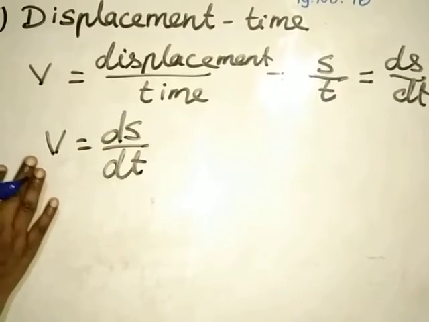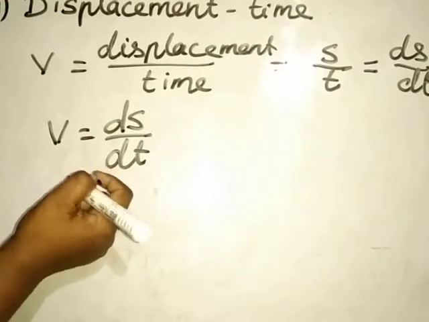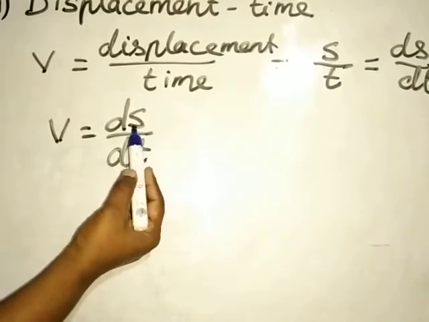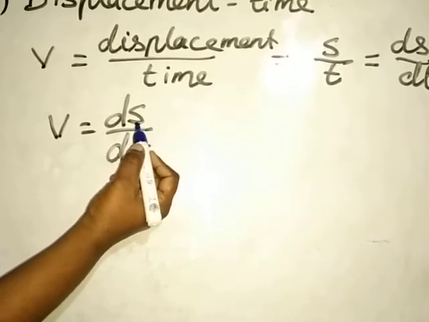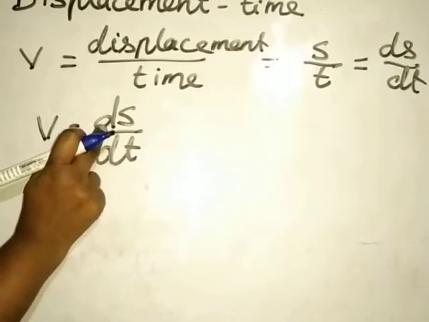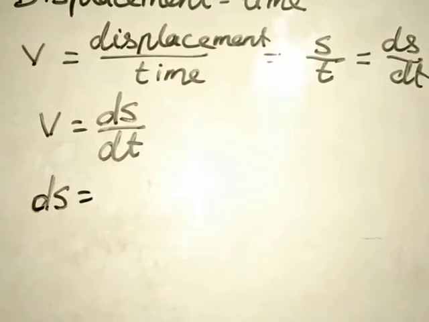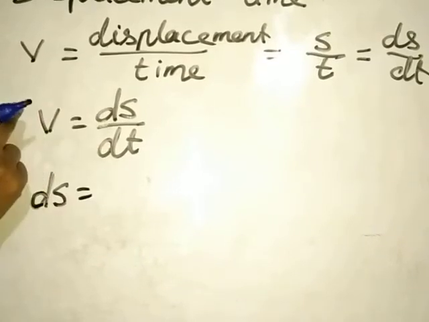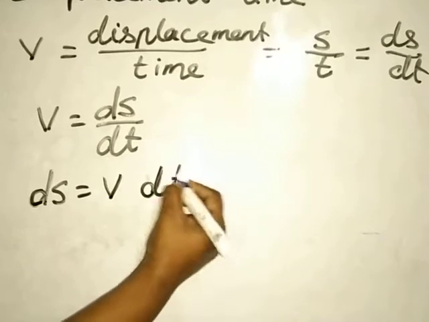From this formula, we are going to find out the value of s from ds. So take the formula as ds equal to v into dt.